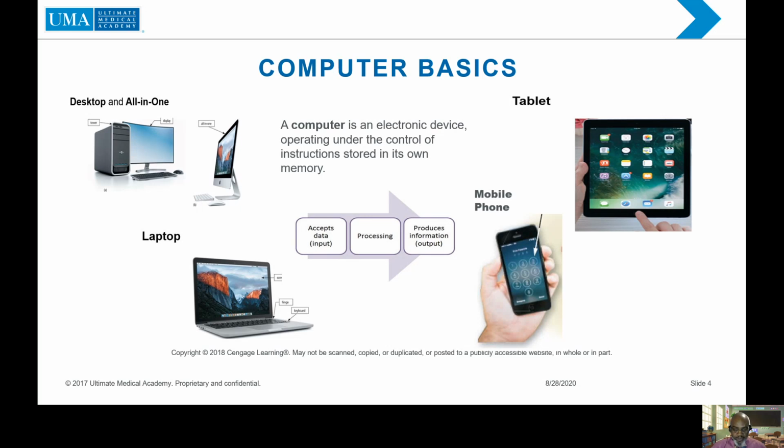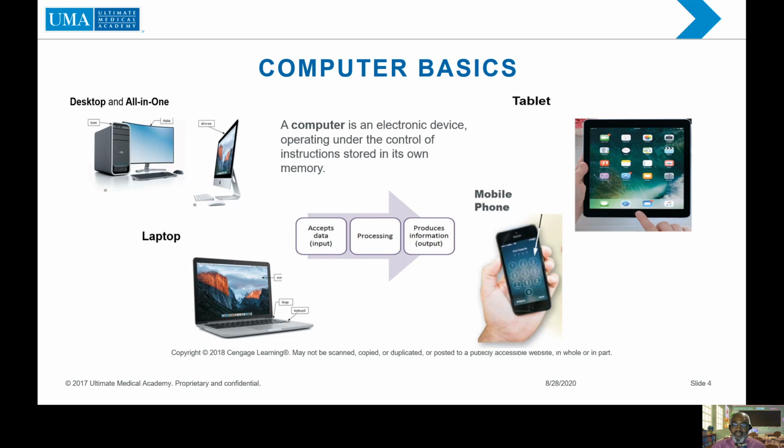By you. When you hit the keyboard, every stroke that you make on the keyboard, you're giving the computer data. Now, what happens is the hard drive and the different electronics inside the computer process that data, and then it produces information that you can use, which is called an output.